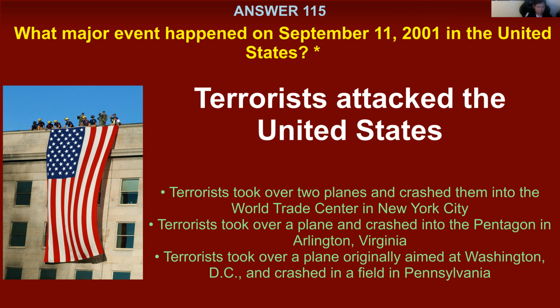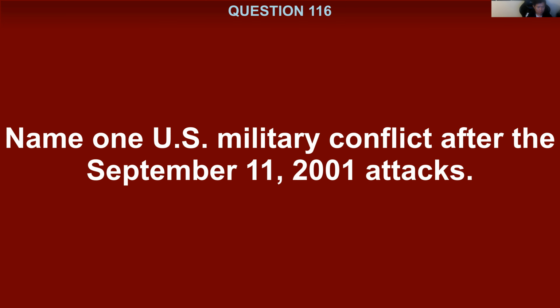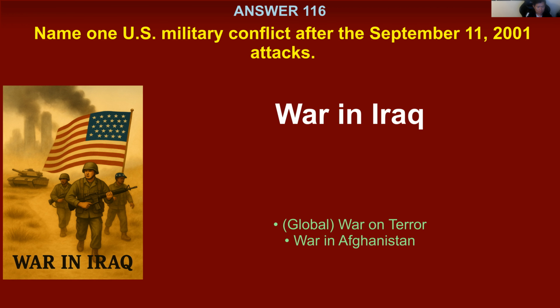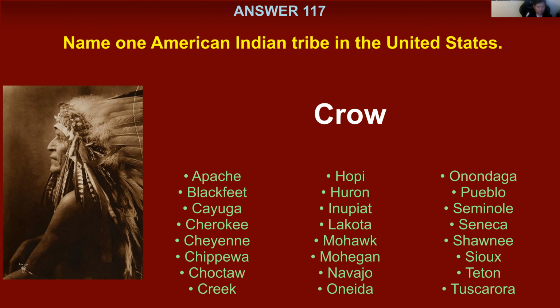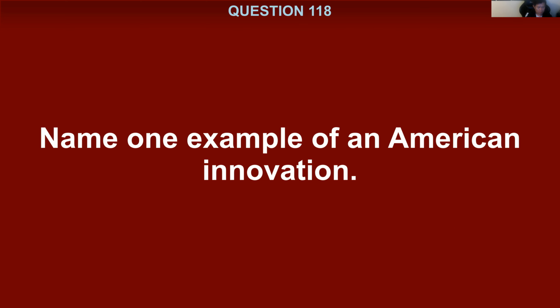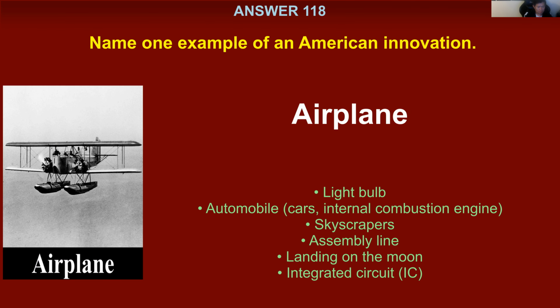Terrorists attacked the United States. Name one U.S. military conflict after the September 11, 2001 attacks. War in Iraq. Name one American Indian tribe in the United States. Crow. Name one example of an American innovation. Airplane.